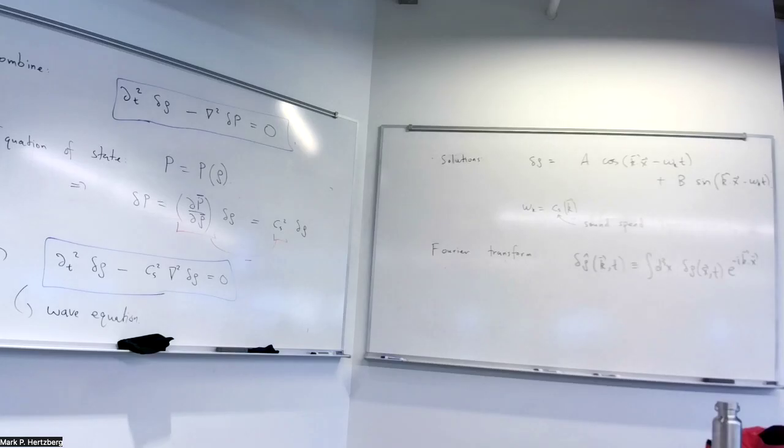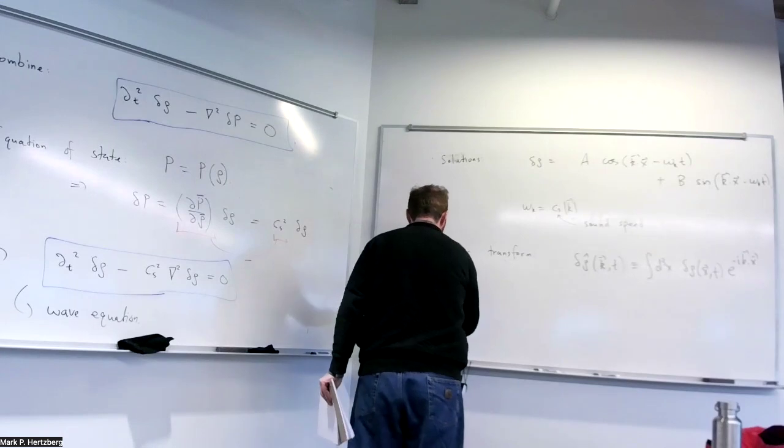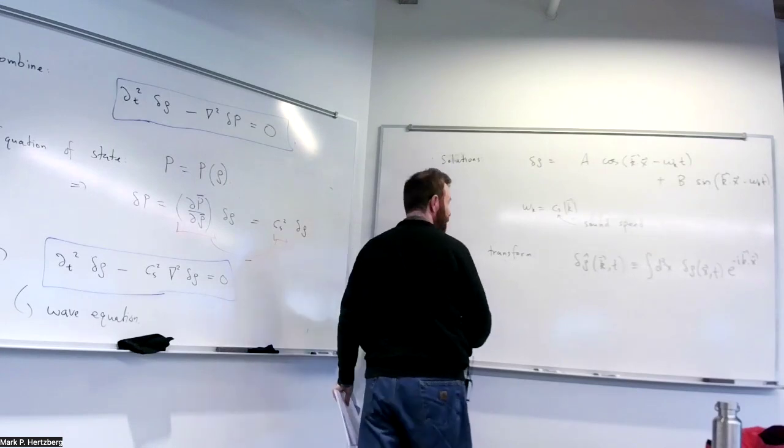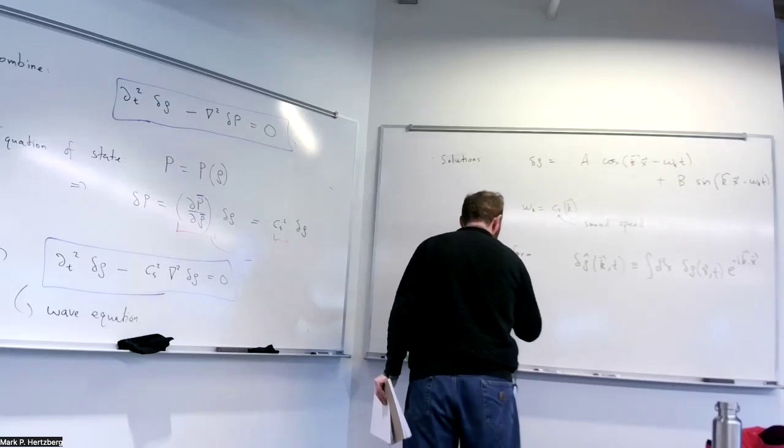Okay, so with a bit of practice, you will know exactly what that becomes when you Fourier transform it. But if you haven't gone through that exercise before, you want to do it step by step, you can take this equation here, multiply throughout by e to the minus i k dot x, and then integrate d3x. So let me just remind you in case anyone hasn't seen it. You just write d3x, this equation, dt squared delta rho.